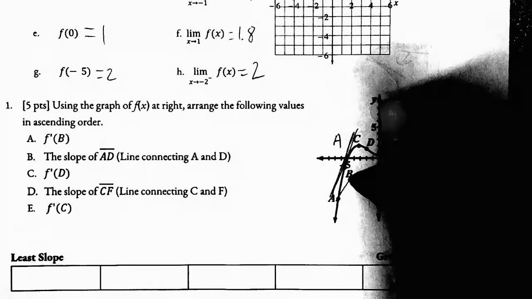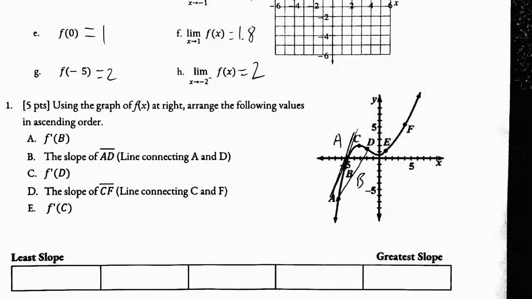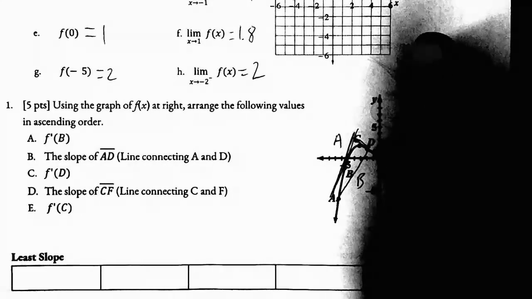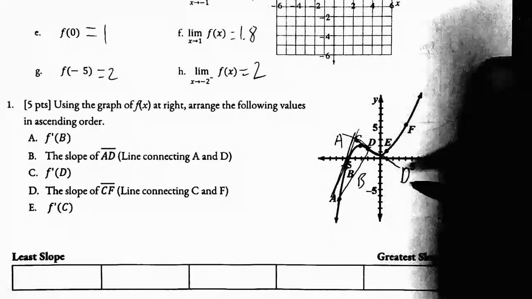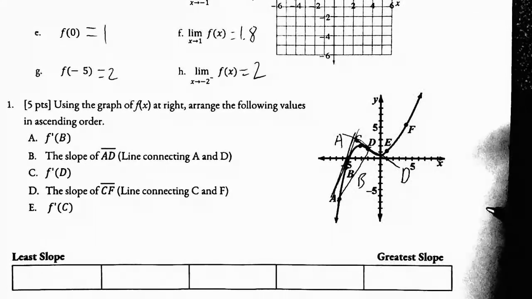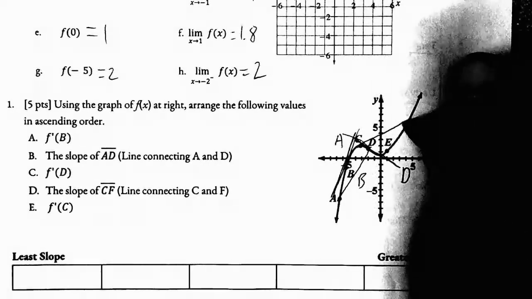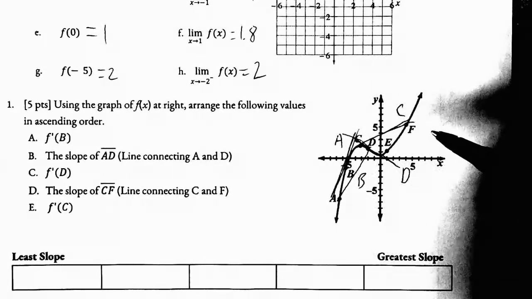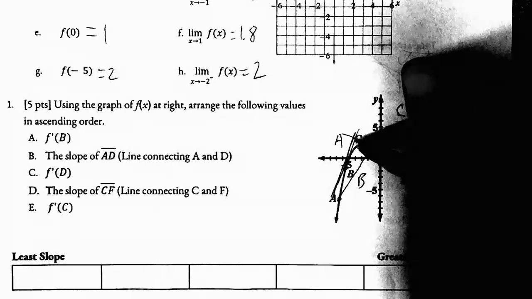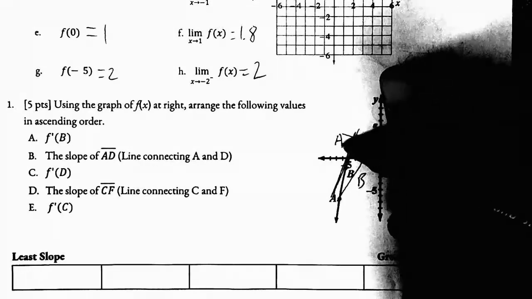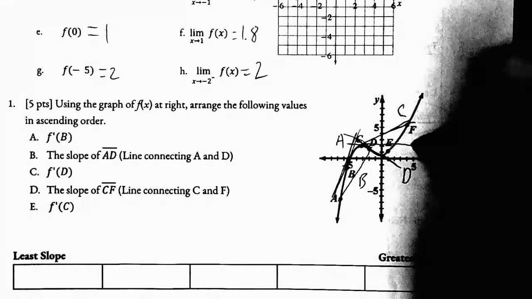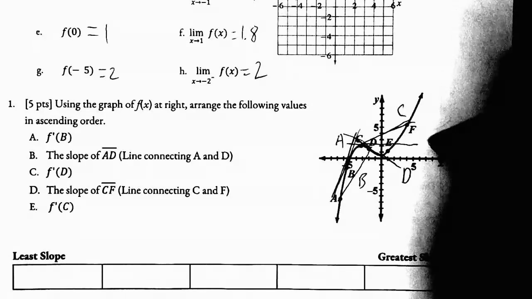CAD is this one here. That's going to be my b. Derivative at d is right here. It's going to be my d. CF right here. That's going to be my c. And the derivative at c, it's a 0 line. That is my e.